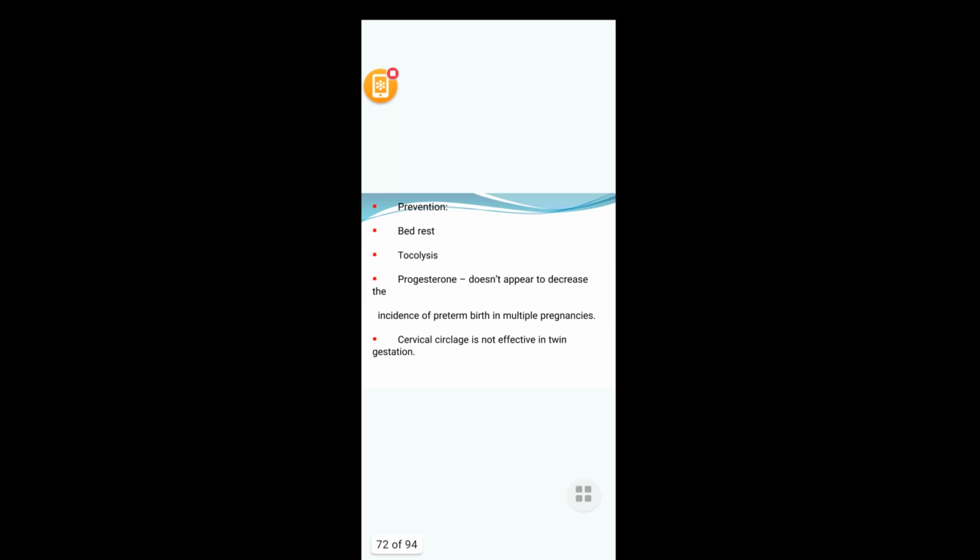For preventing preterm labor, you need to ask for bed rest, tocolysis, progesterones. Usually the incidence of preterm birth in multiple pregnancies is most common. Cervical cerclage is usually said to be not effective, but it is a benefit out of the risk.